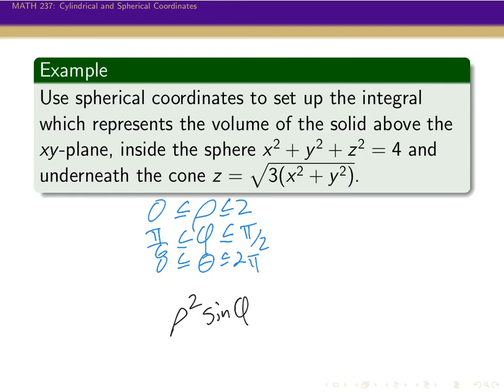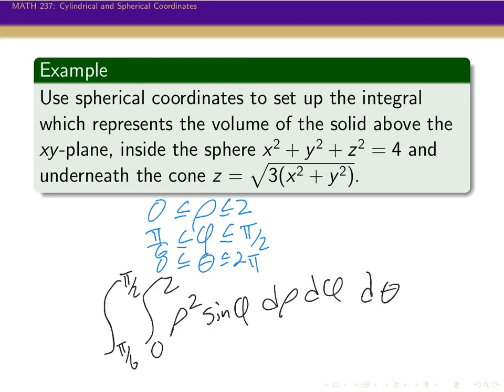Let's do rho first, 0 to 2. Then let's do phi next, pi over 6 to pi over 2. And then lastly, integrating theta, 0 to 2 pi. And so this right here is going to give us our volume.